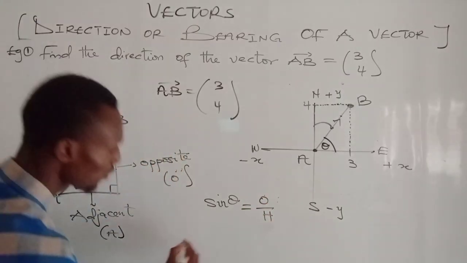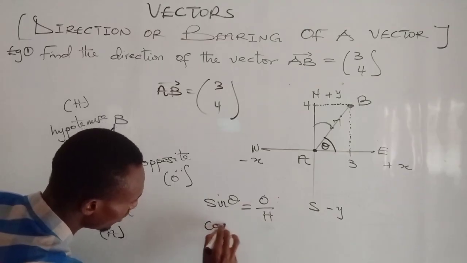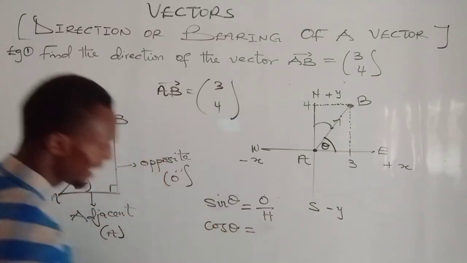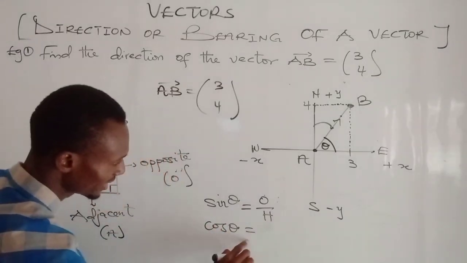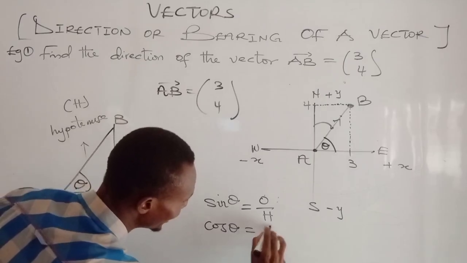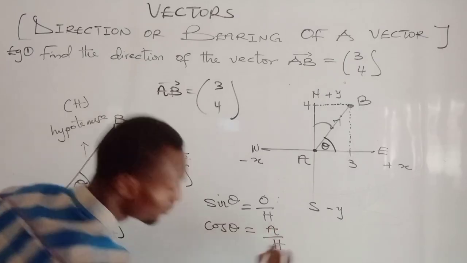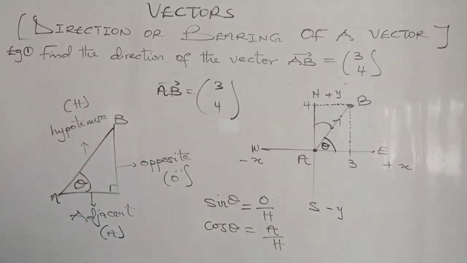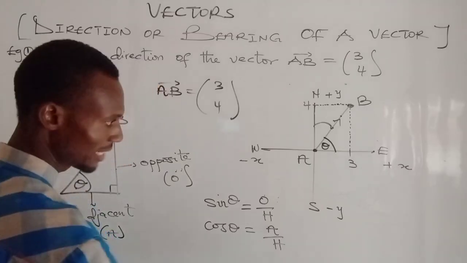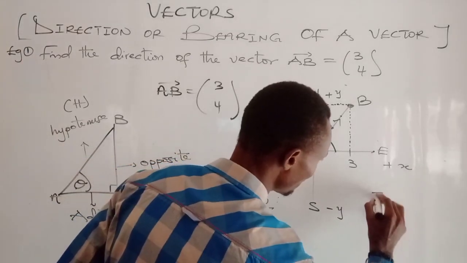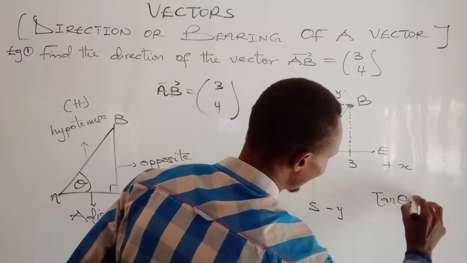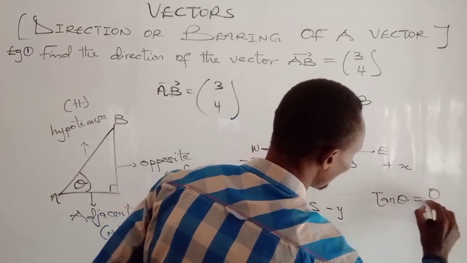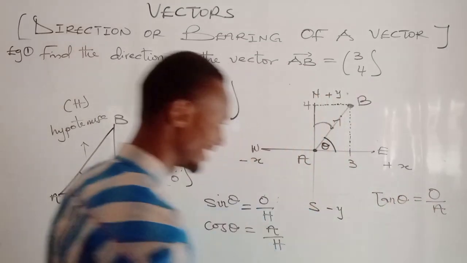If we want to get cos theta, the equation is cos theta equals adjacent over hypotenuse. And the third one, if we want to get tan theta, let me write it somewhere here, tan theta is equal to opposite over adjacent.